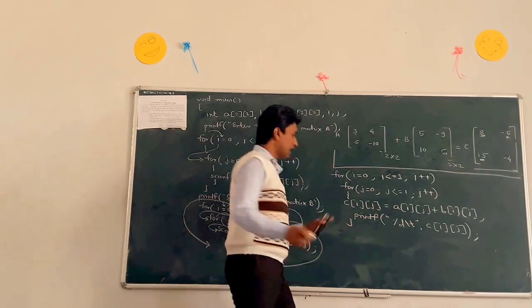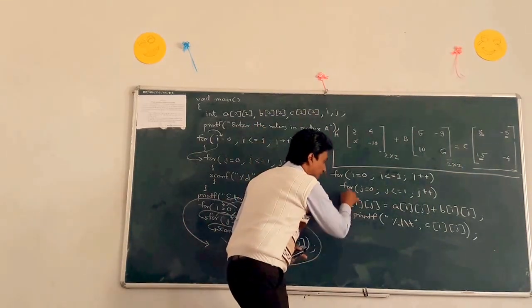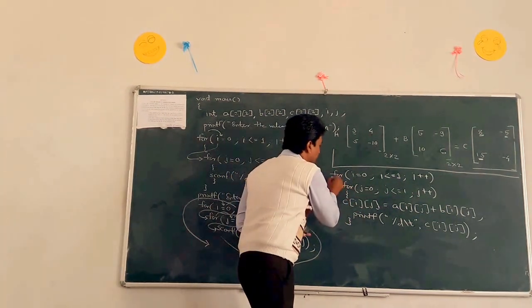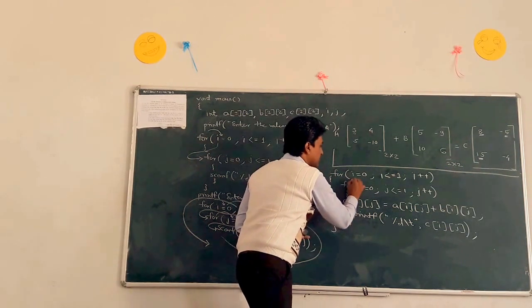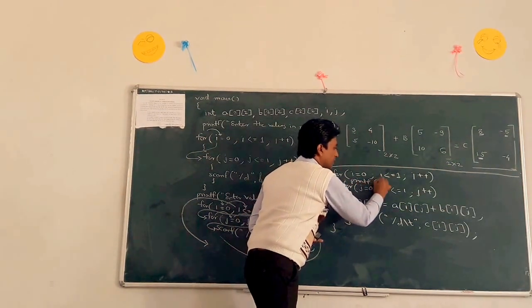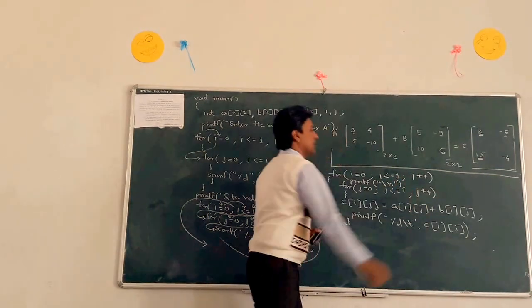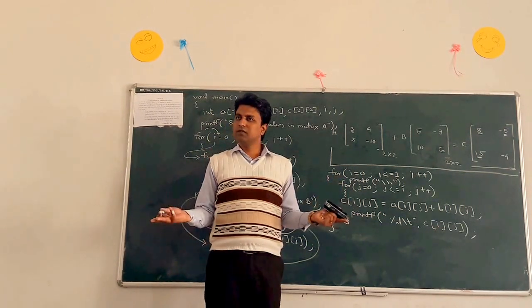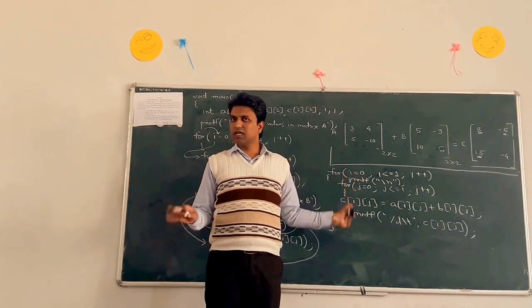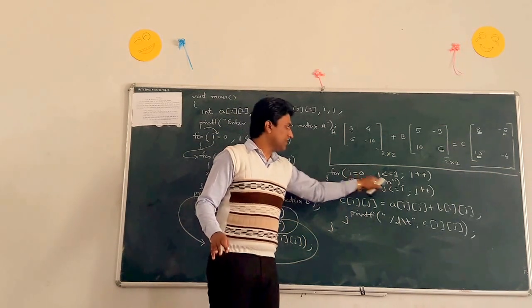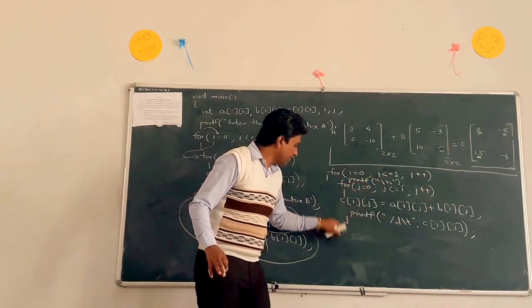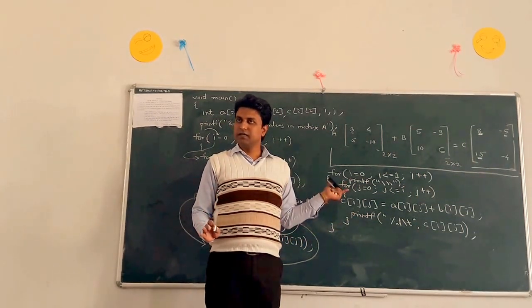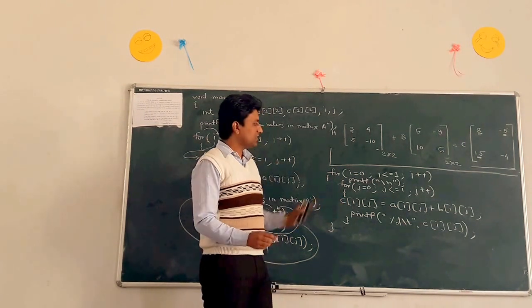For that purpose, either you have to write printf after the inner for loop, or you have to write a printf statement here also: printf, double quotes, slash n, before the inner for loop, inside the outer for loop. No problem, both work. Either you can write it here or write this printf after the inner for loop. Then also it works properly. Clear? Any doubts? Okay. So the addition gets displayed.